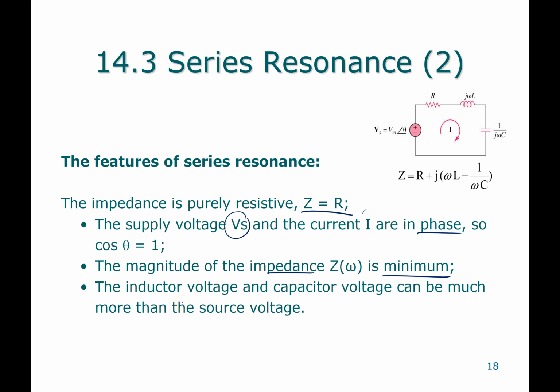The other thing is that the inductor voltage and the capacitor voltage can be much more than the source voltage, because you still are getting a VL and a VC here. Because they're equal and opposite, VL plus VC sort of cancel out, but they can be really big.